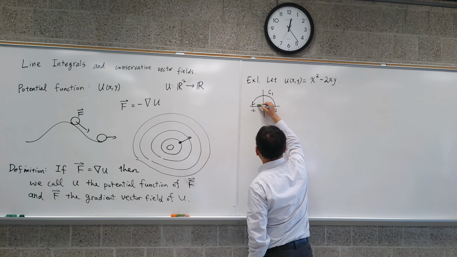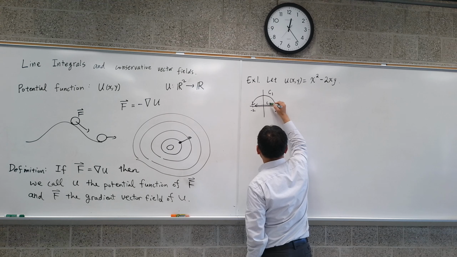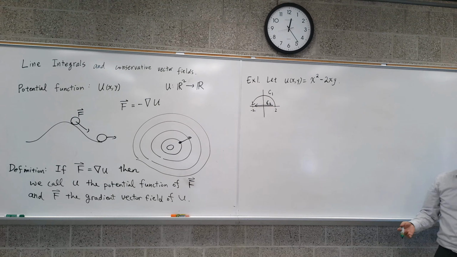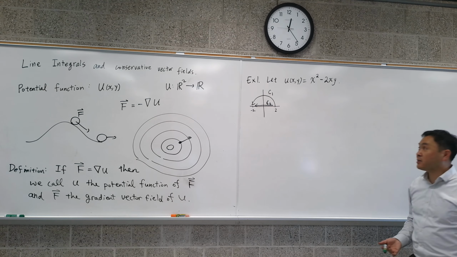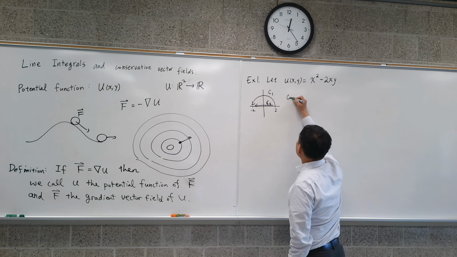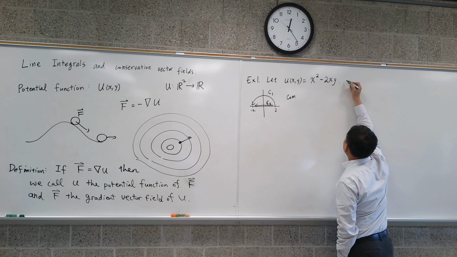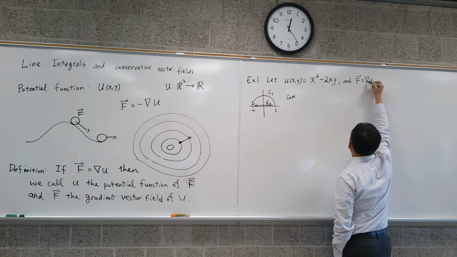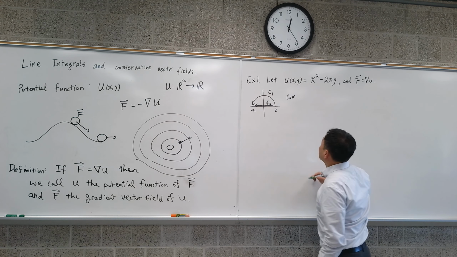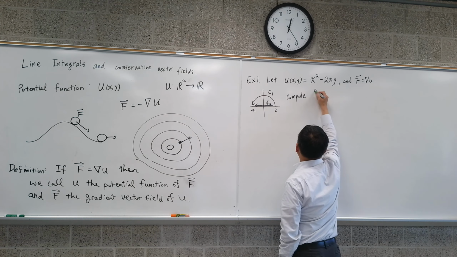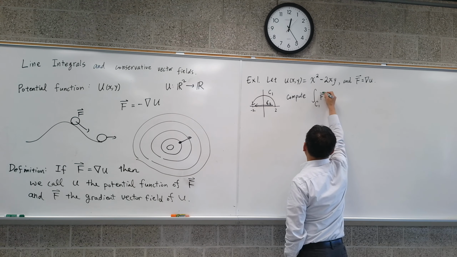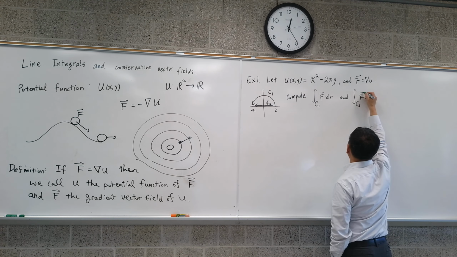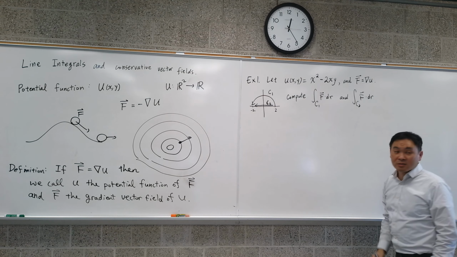Here's C1, and this is C2. So C1 is a circular path, and C2 is a straight path. F is the gradient vector field of u. So compute the integral over C1 of F dot dr and the integral over C2 of F dot dr. Let's think about these.